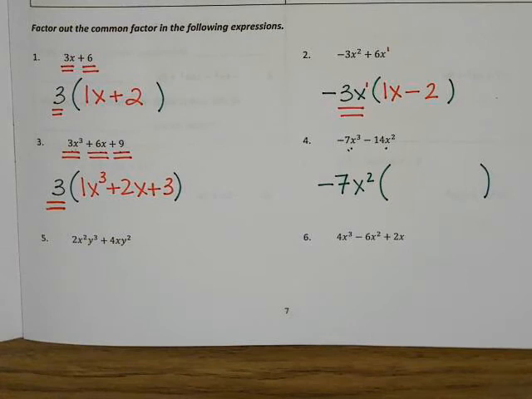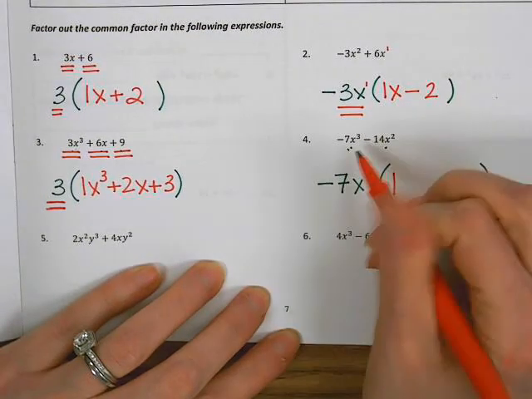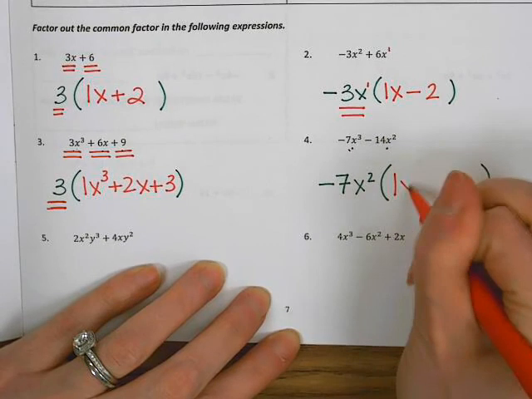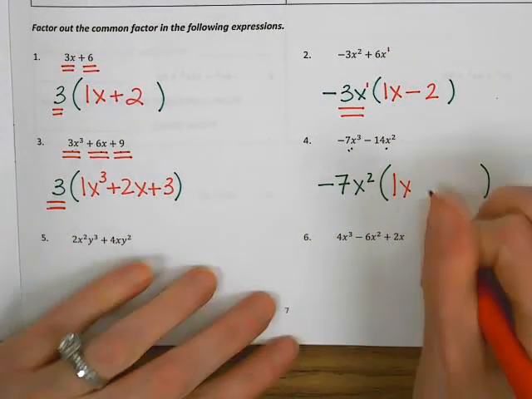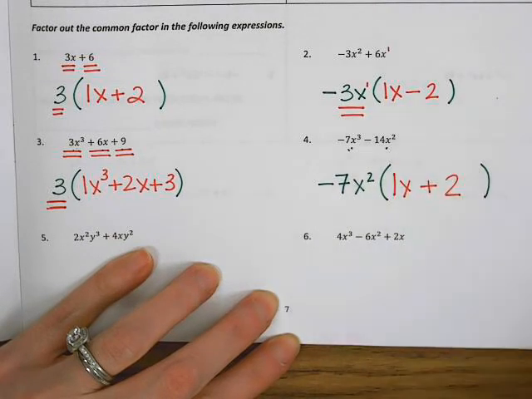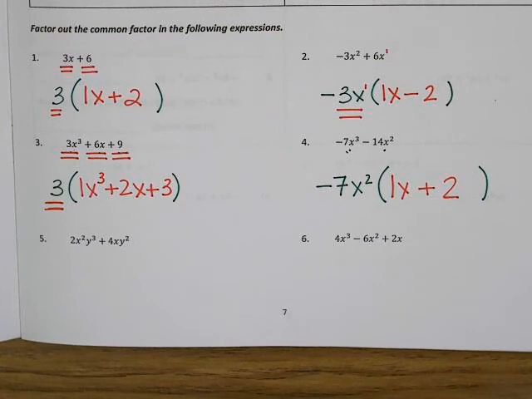All right, let's divide it out. -7 divided by -7 is 1, and there's 1x left. -14 divided by -7 is +2, and there's no x's left. Remember, when you divide, you subtract.